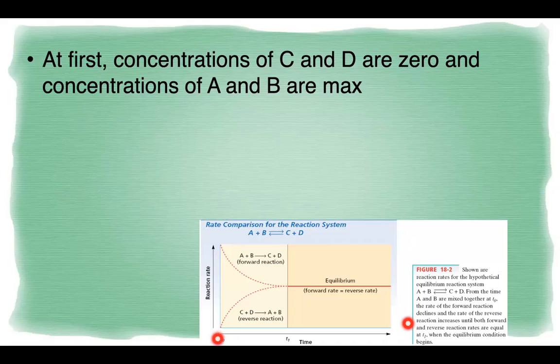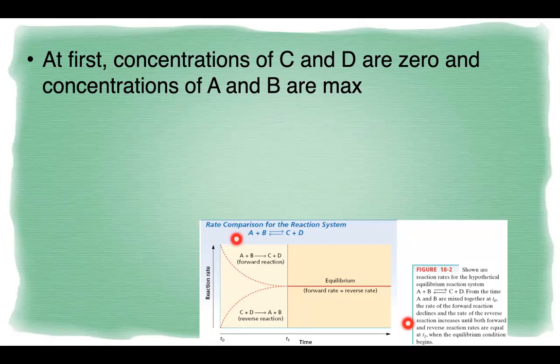Those products can start to form the reactants, which means your reverse reaction is going to start to increase as you start to produce more C and D.